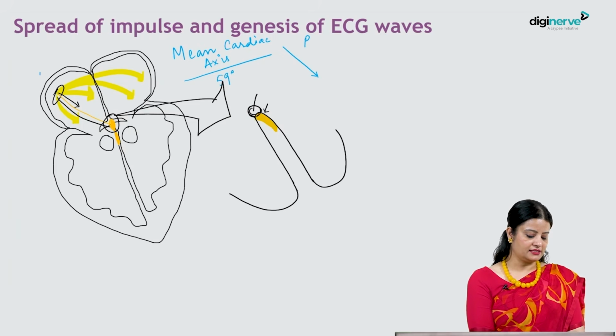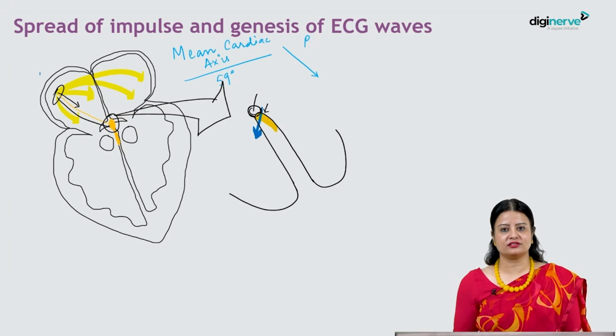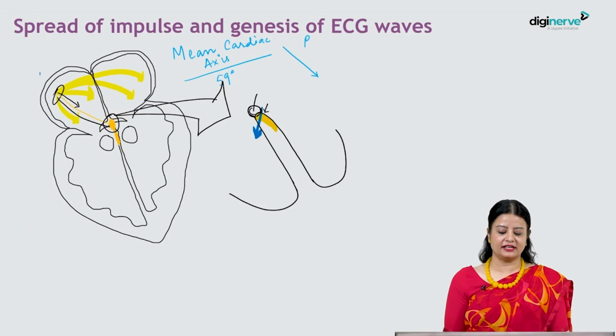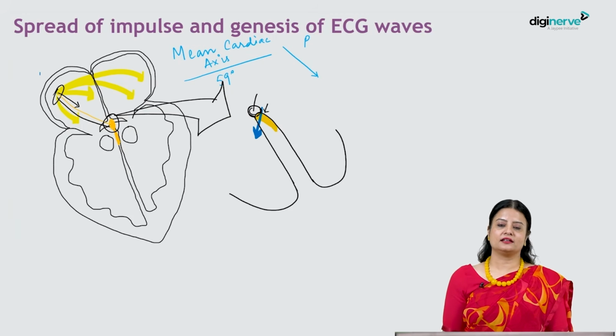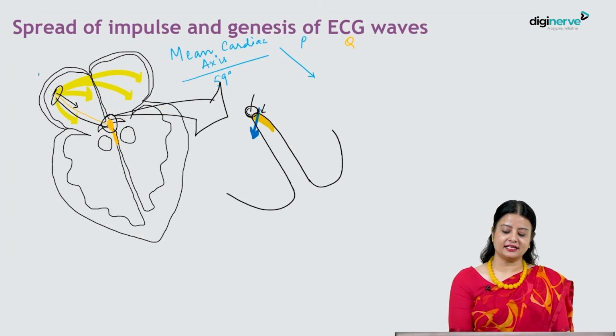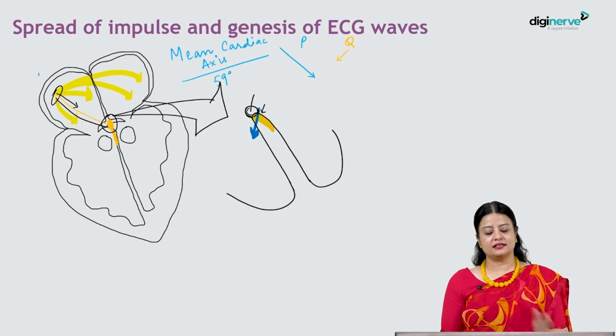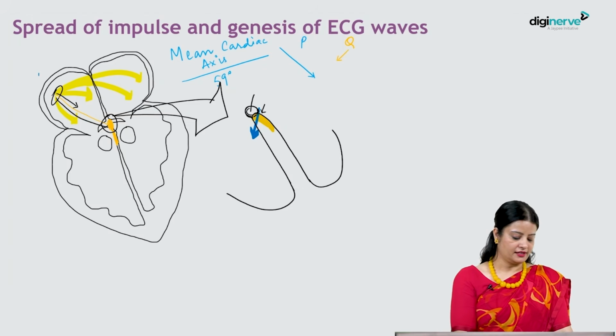This results in this direction of the instantaneous vector, which is not in the direction of the mean cardiac axis. The point to be noted here is that the magnitude of this vector is small and it is in the direction away from the mean cardiac axis.